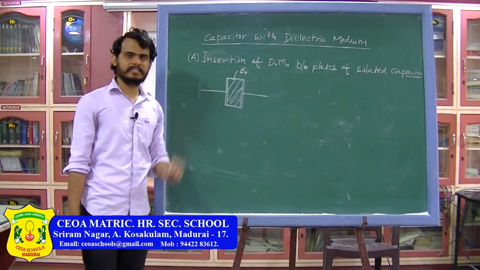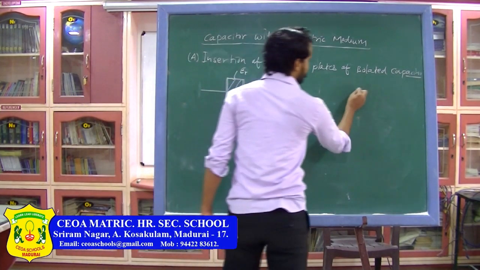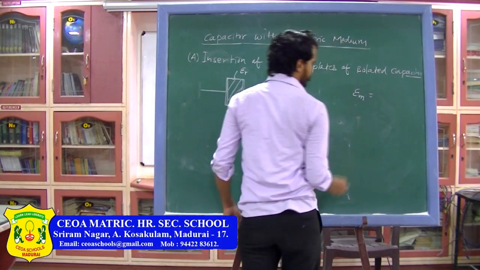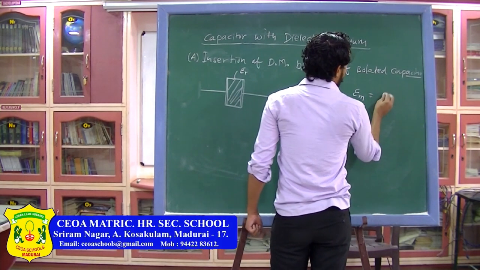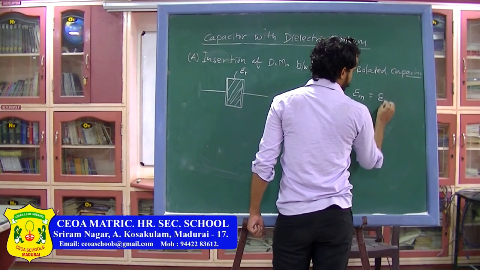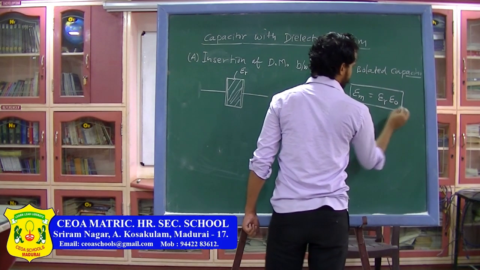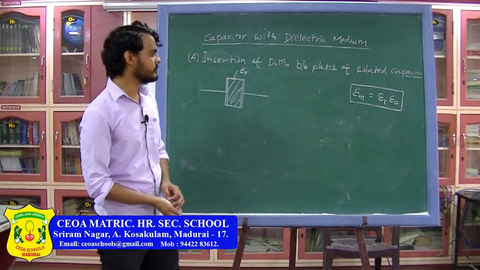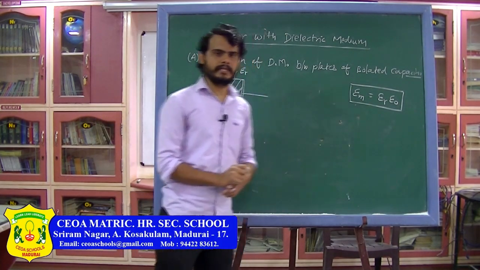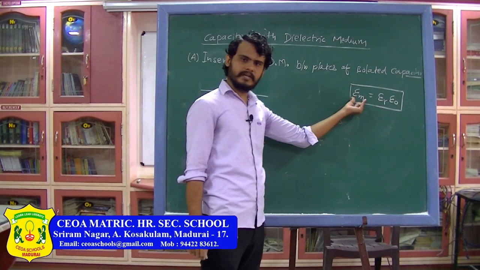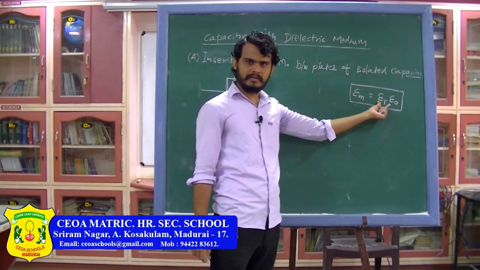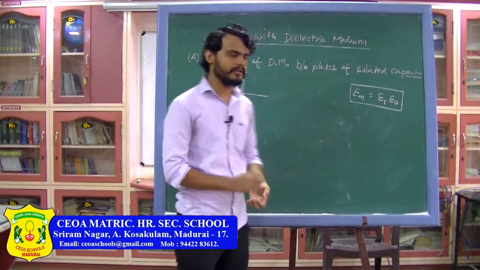Remember, we have already seen that the permittivity of a medium can be written as the relative permittivity of the medium times the permittivity of free space. We have done this in electrostatics. So this is the permittivity of the medium, this is the relative permittivity of the medium, and this is the permittivity of free space.